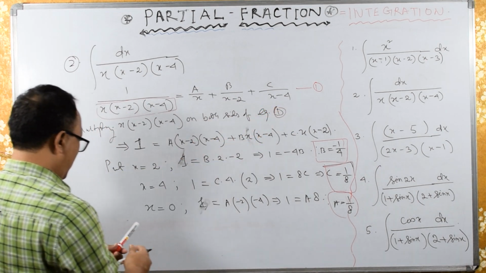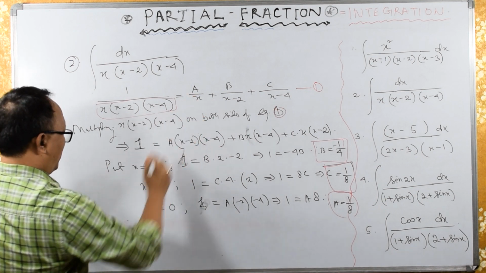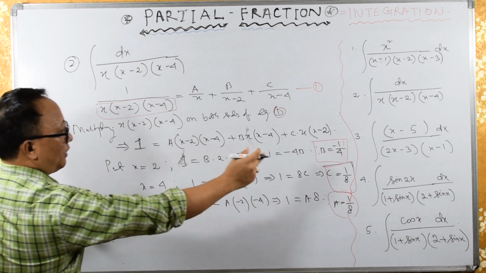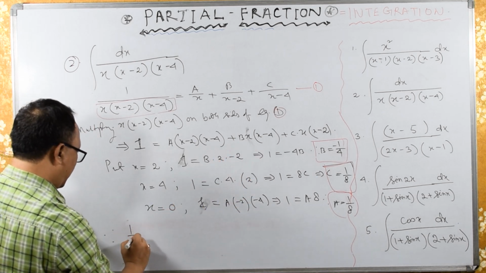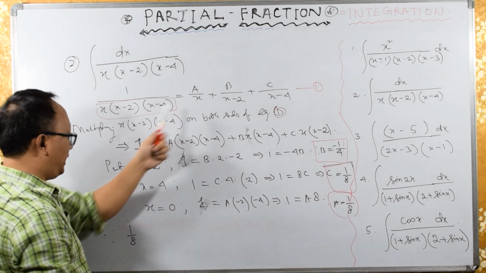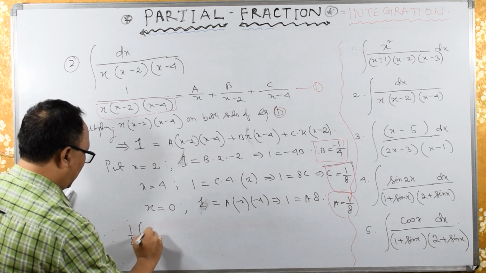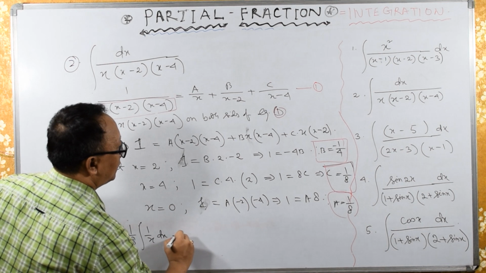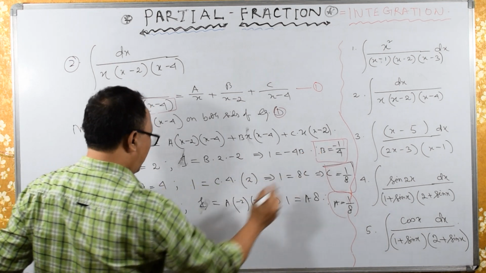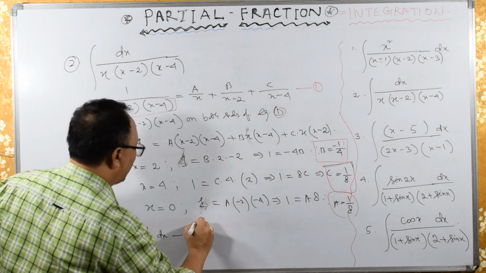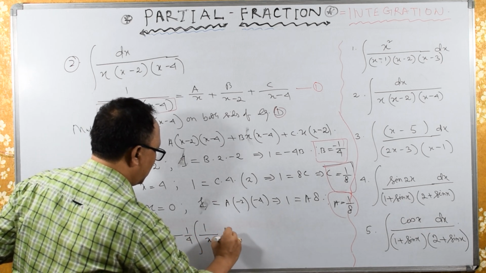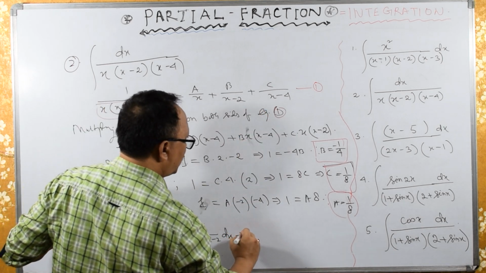Therefore, in this integral dx, what is a? Your a is 1 by 8. So 1 by 8 integral 1 by x dx, and then plus, b is minus 1 by 4, integral 1 upon x minus 2 dx, plus, what is c?